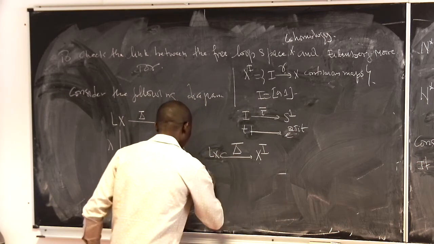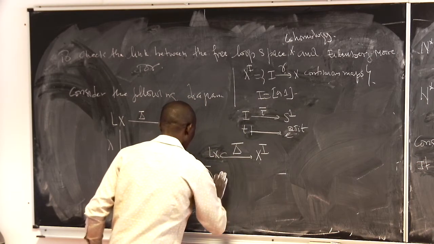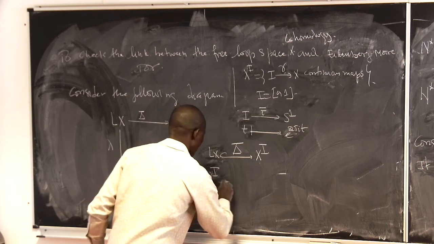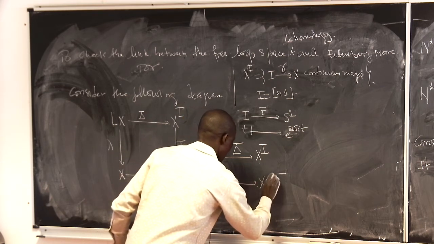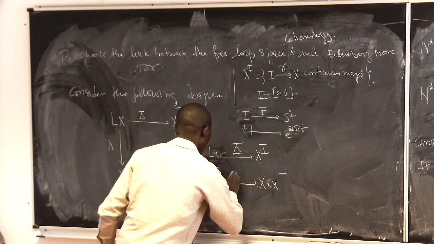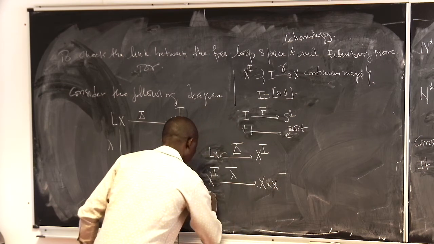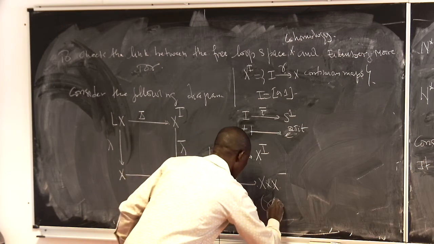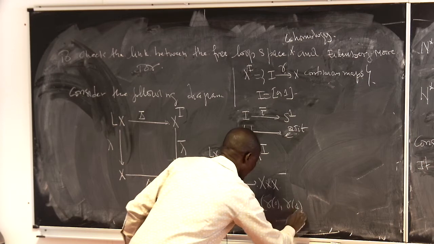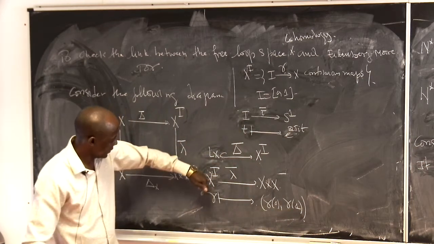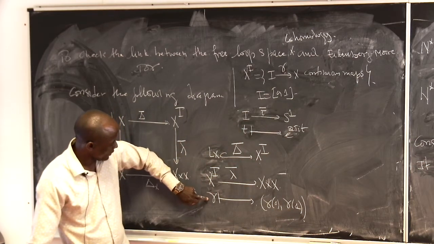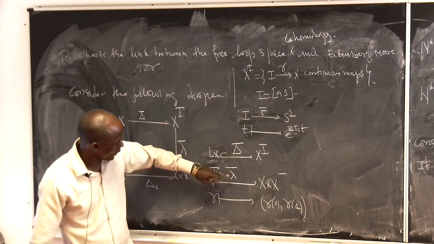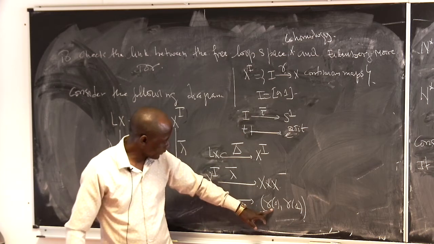Our lambda bar is just the map defined by gamma of 0 and gamma of 1. So to any gamma here, which is a continuous map from I to X, we assign the pair gamma of 0 and gamma of 1.